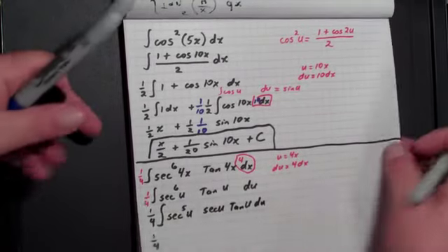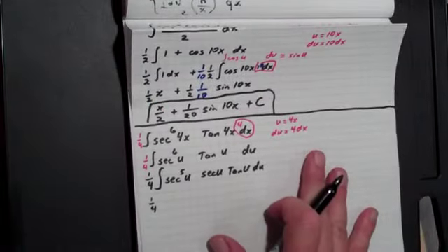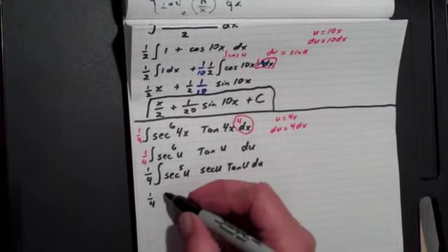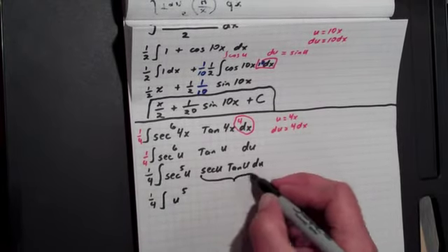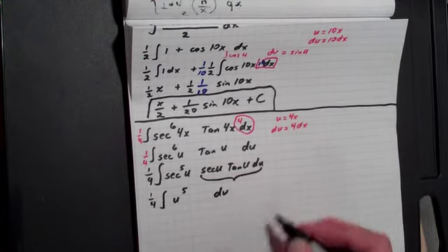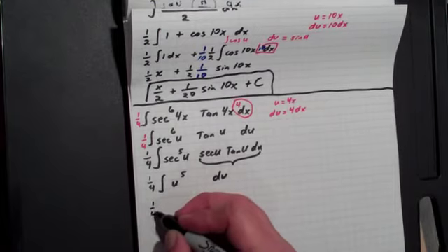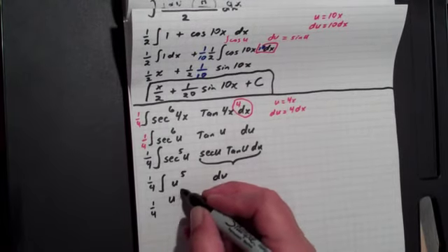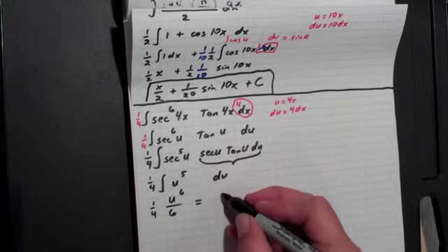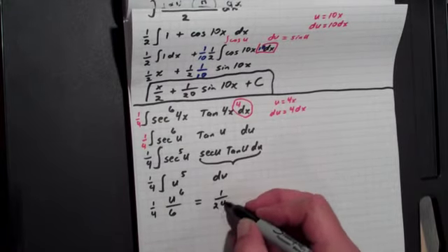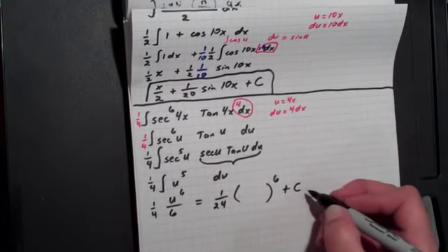Let me move this up to make sure it's visible. I have 1/4, and I believe I could call this u to the 5th, and all of this would be my du. Now if I integrate this, I have to raise it one higher, u to the 6th divided by 6. So the final answer is going to be 1/24 u to the 6th plus c.